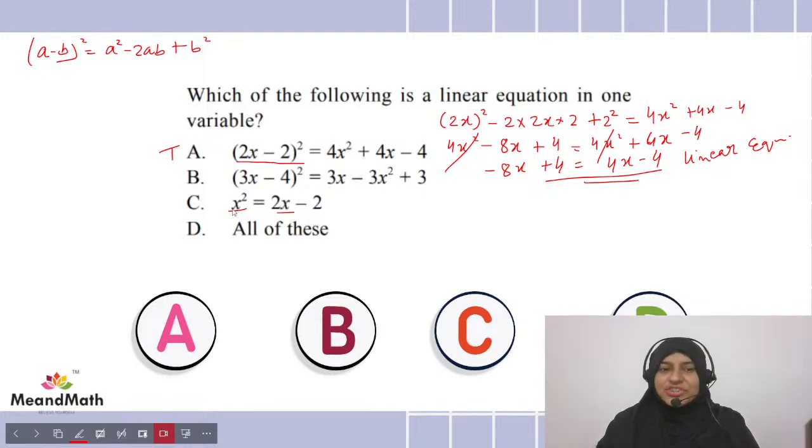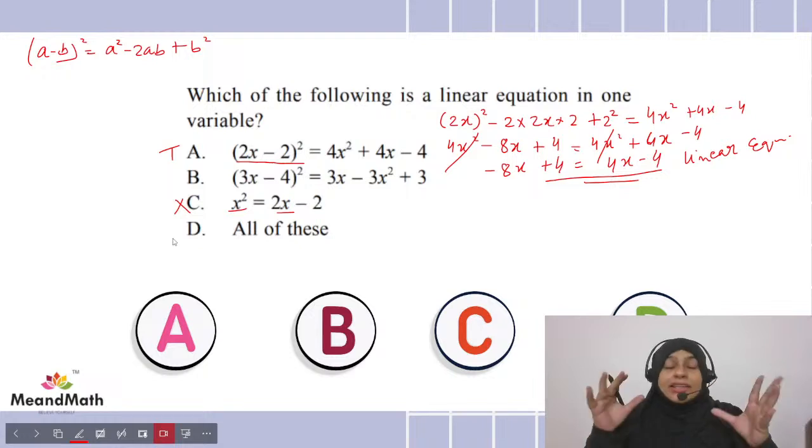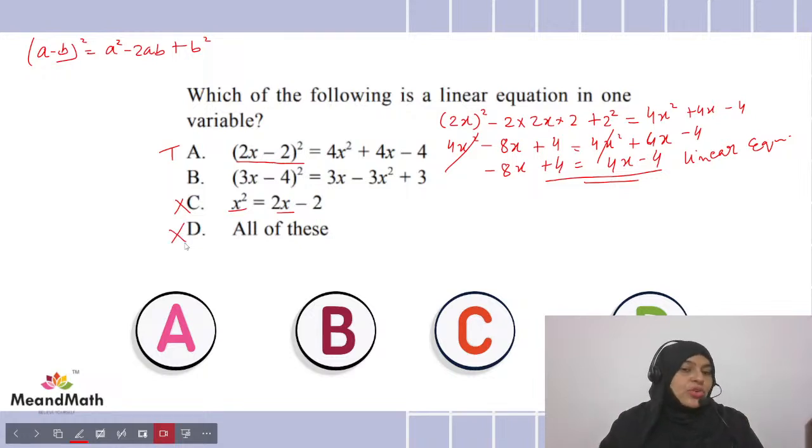Is it a linear equation or not? What do you think? Yes, correct. It's not a linear equation because the power is 2. So this option is incorrect. So the answer must not be all of these. So it is also incorrect.